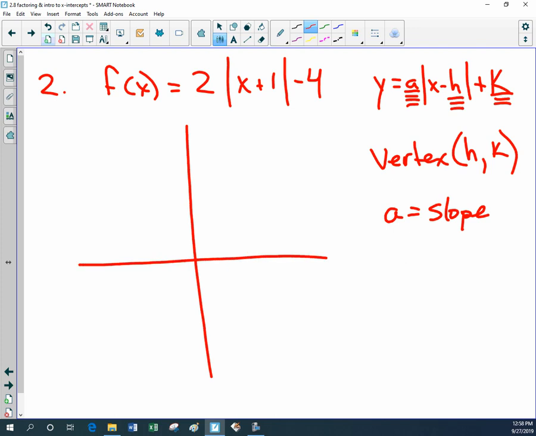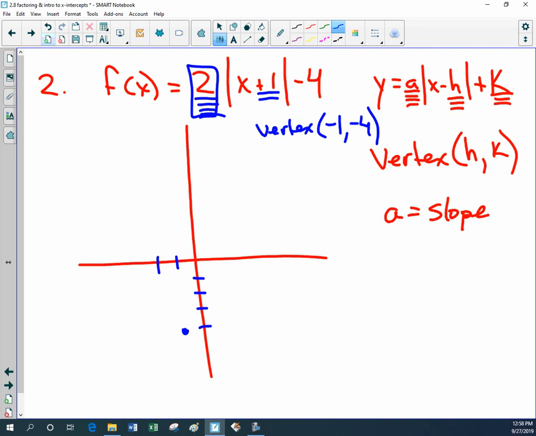So for this problem, where would our vertex be? Take the opposite. So it'd be -1, -4 is the vertex. The stretch or slope is 2.